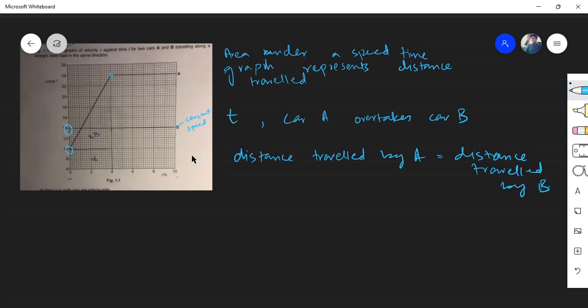Why when it's equal and not when it's smaller? Oh, okay. So let's draw a road so that this looks more realistic.